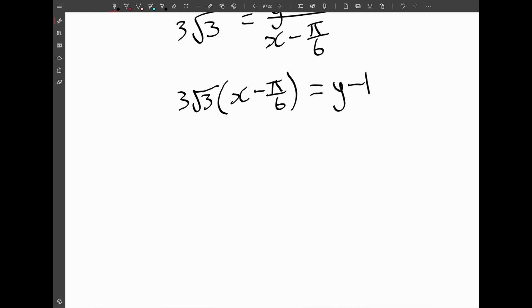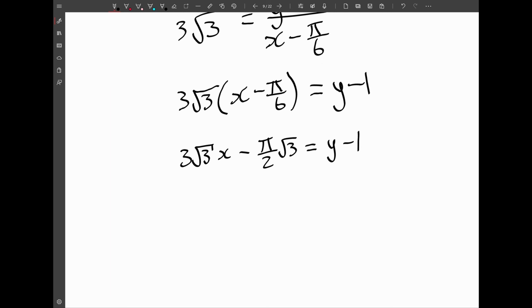Now that I've got that, I can just simplify this whole thing out. So I've got 3 root 3 x minus pi over 2, because the 3 and the 6 will cancel, so this is going to be pi over 2 root 3. Just multiplying that out, distributive property, is y minus 1.